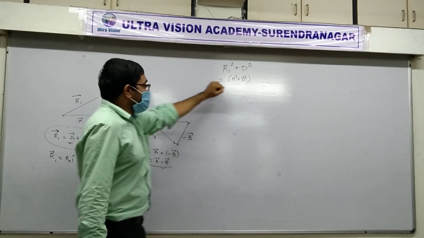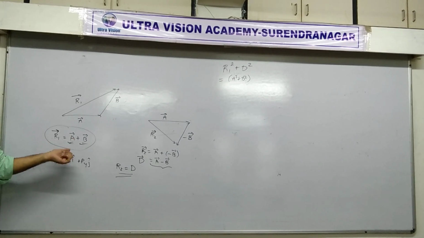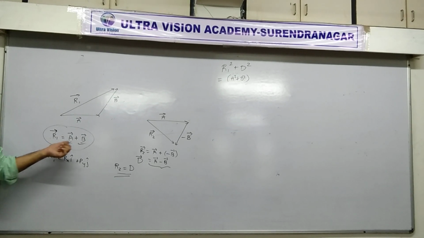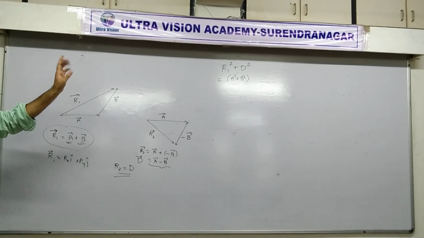So you were saying Rx i cap plus Ry j cap. These are called components. Do you remember? And rectangular components. These are not rectangular components. So it won't work this way. Got it?